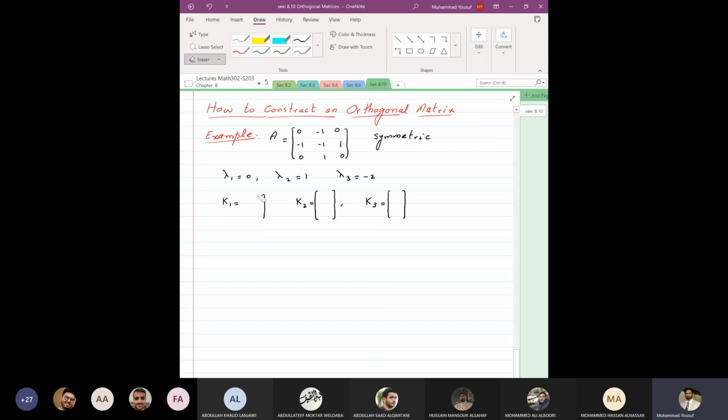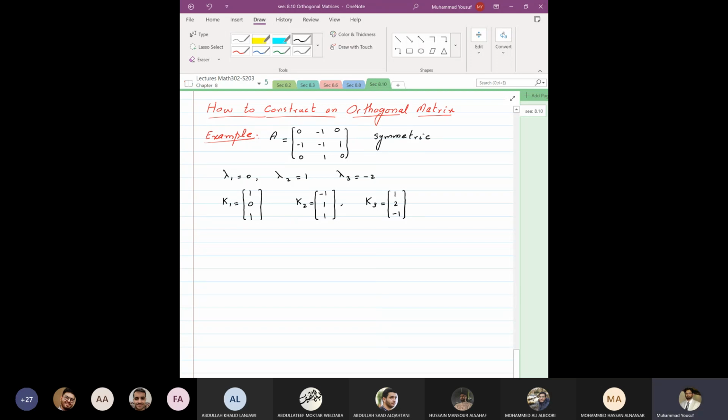I'm not really computing them, I'm just using the solved eigenvalues and eigenvectors. First is 1, 0, 1. Second is -1, 1, 1. Third is 1, 2, -1.